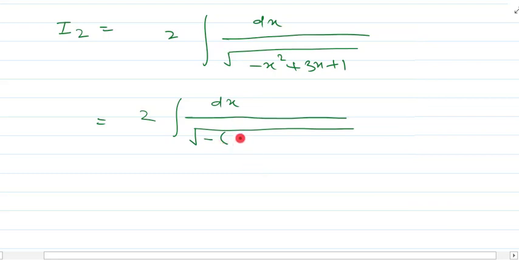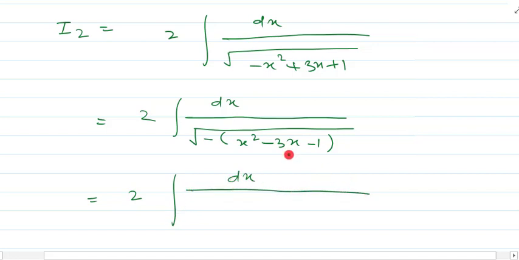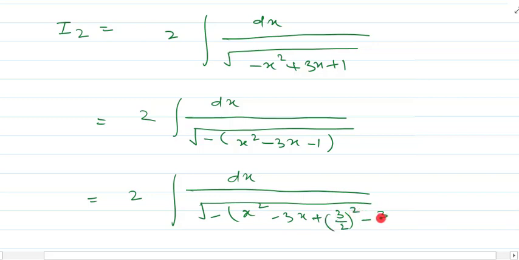Okay, so x square minus 3x minus 1. Then it is equal to 2 into integration of dx upon, now start the completing the square method, square root of minus x square minus 3x, adding and subtracting half of the coefficient of x, that is plus 3 upon 2 whole square minus 3 upon 2 whole square minus 1.